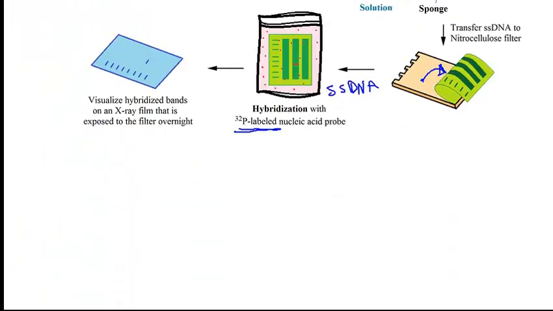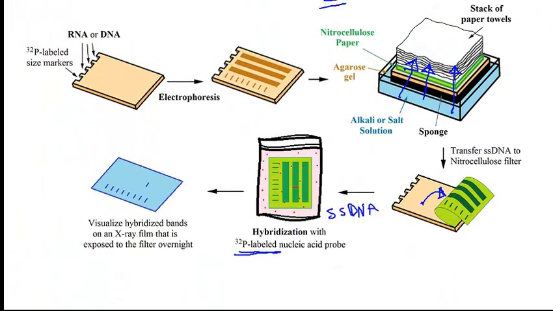So we will use that probe to find out which of these DNA fragments are actually carrying our gene of interest. And so here we can see that after exposure of the nitrocellulose paper to the film, this specific DNA segment has been exposed. So we know that of the 3 plaques that we've isolated, it's only number 2 that is carrying the gene of interest.